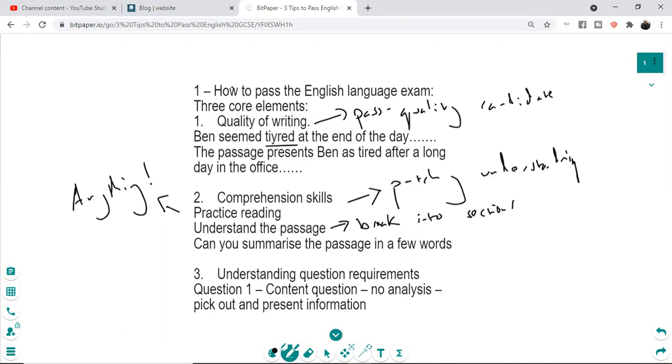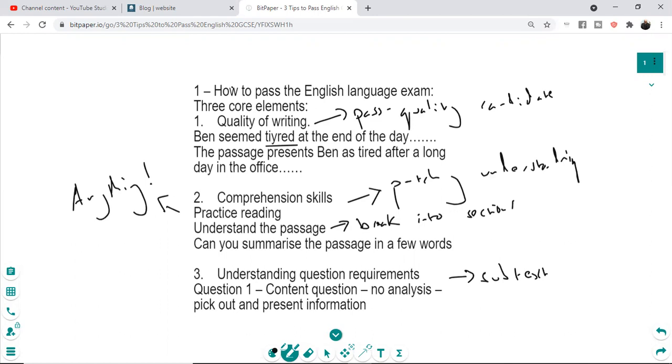Okay, third one here, understanding the question requirements. So this is where your exam technique comes in. Every single question has specific requirements. There is the text on the page, and then there is the subtext as well. And the subtext is what is really being asked here. So for example, on the language paper, question 1 is always a content question.